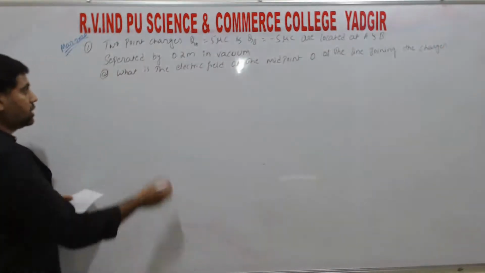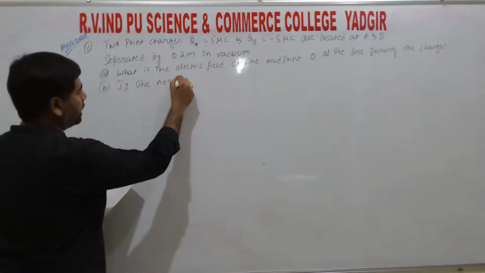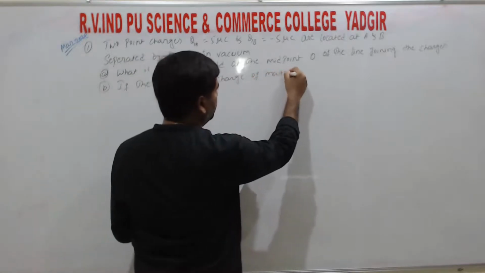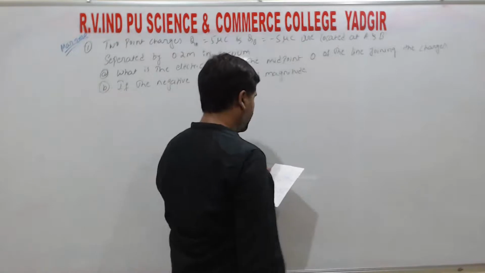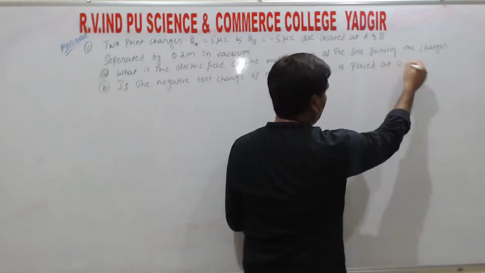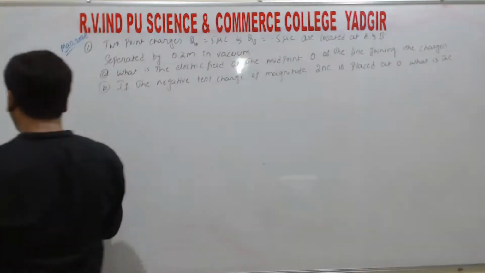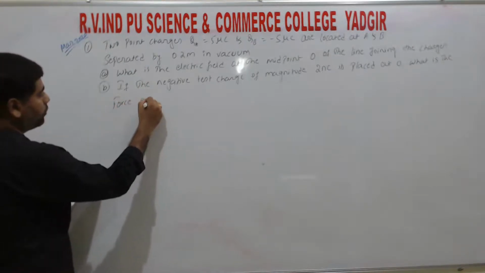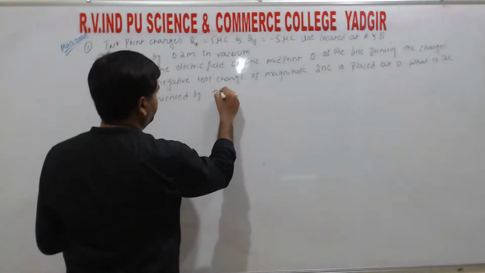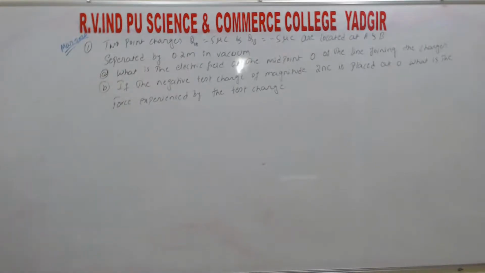Next, the second one: if a negative test charge of magnitude 2 nanocoulomb is placed at O, what is the force experienced by the test charge? Right, so this is the question.